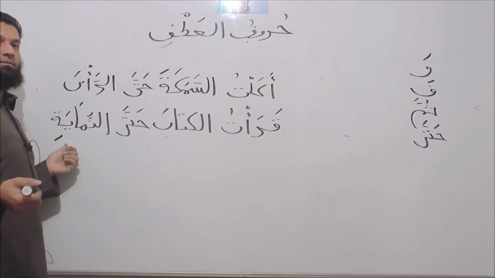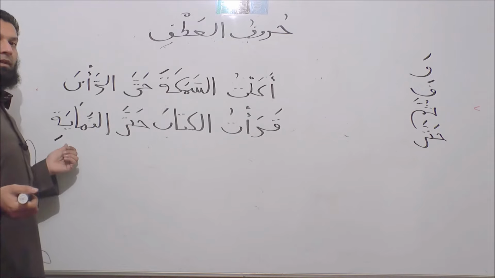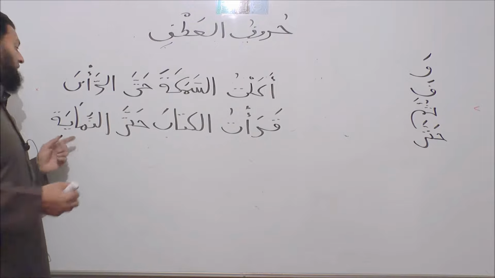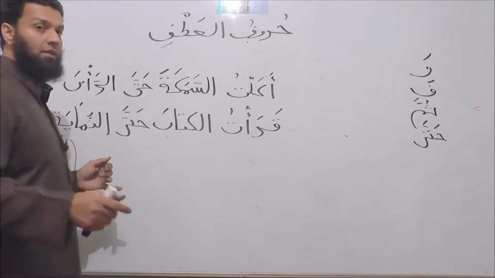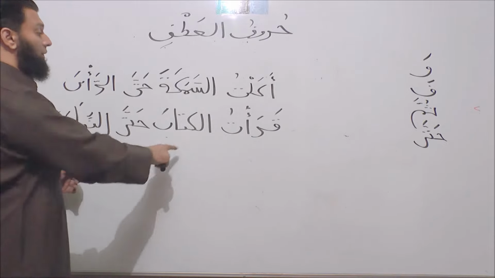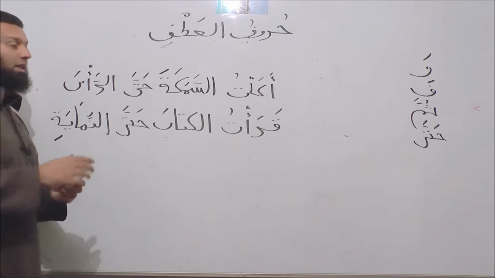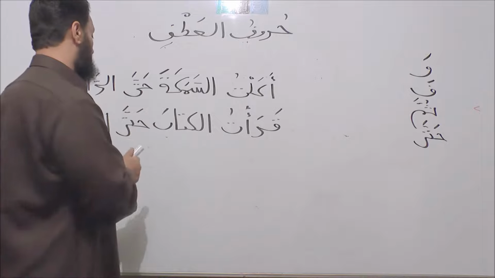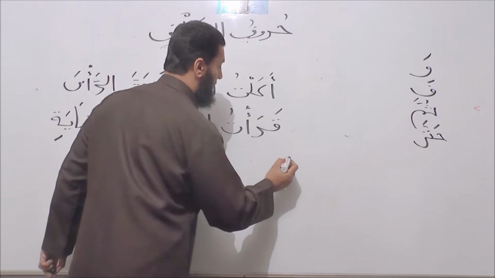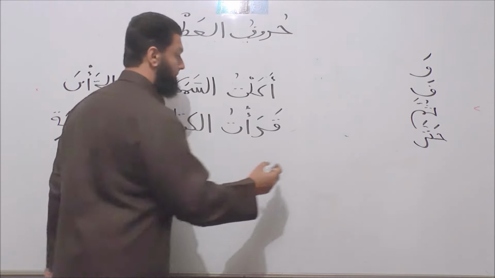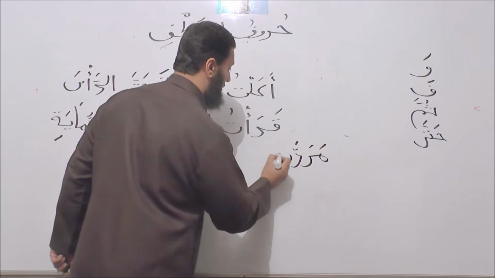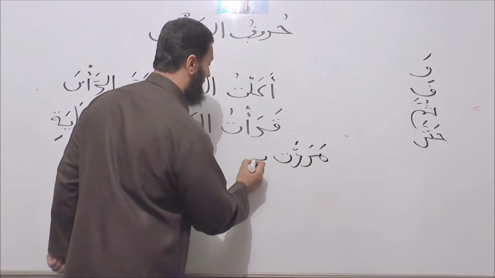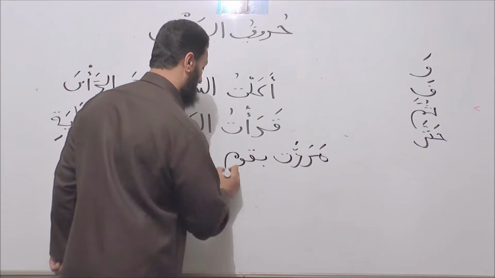What was the second rule? Sorry, the first one is it has to be an ism. The first one is that afterwards it has to be an ismun, and the second is that it must be part of al-ma'tufu alayhi. For example, marartu, I passed by, right? Marartu bi qawmin.